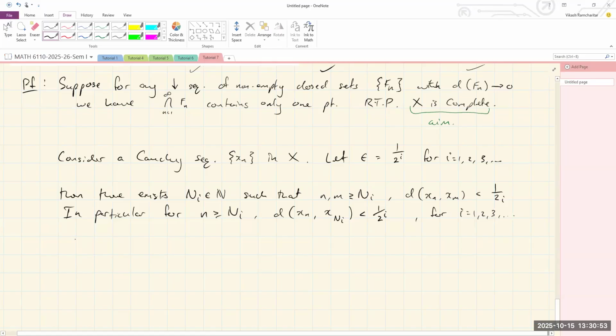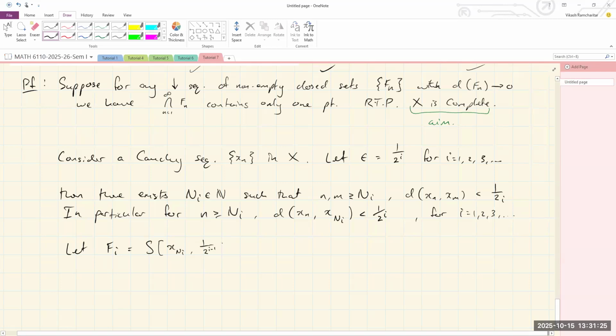So for each i, I'm going to let Fi be the closed sphere centered at x_Ni of radius 1 over 2 to the i minus 1.